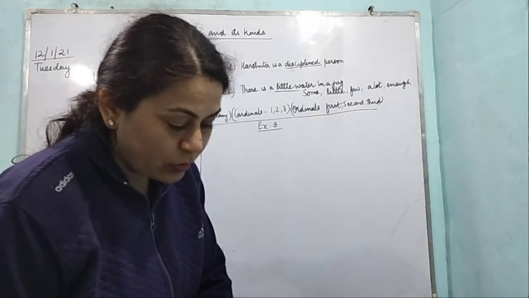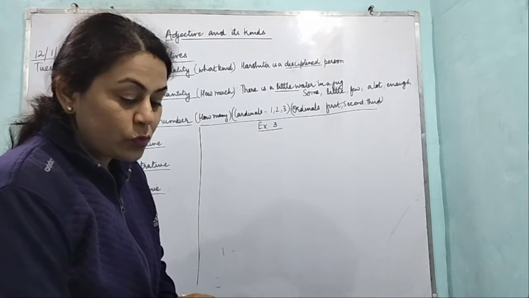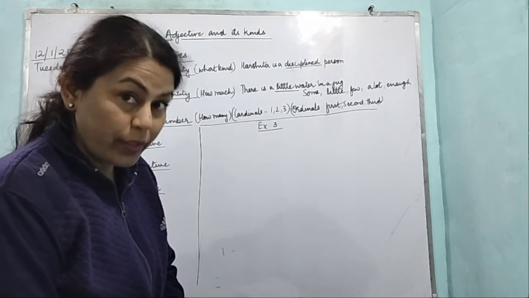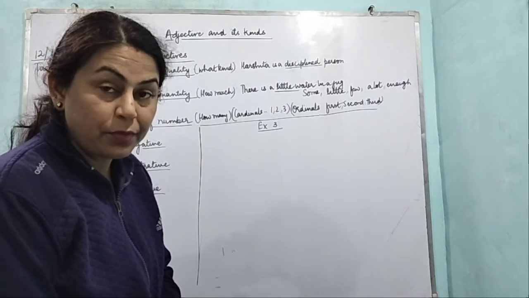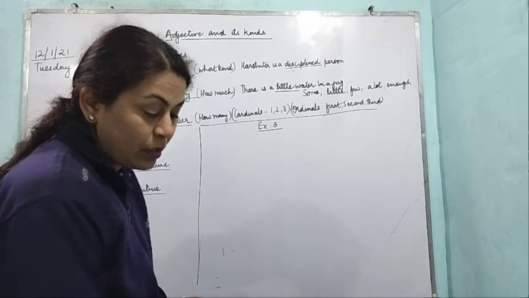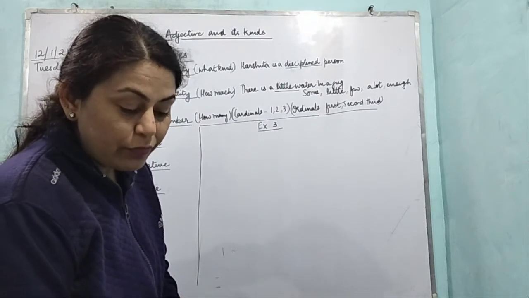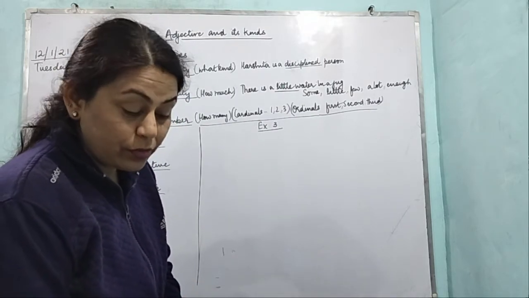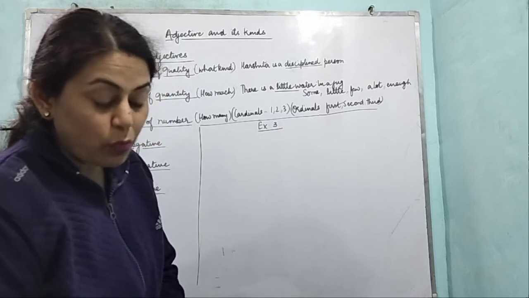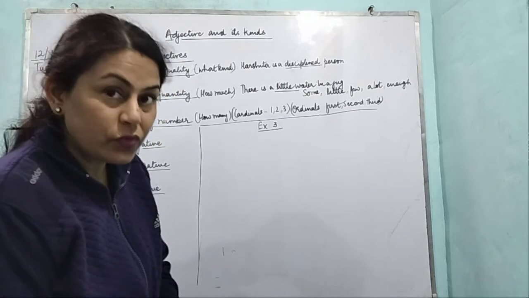Soma lives on the 5th floor. So here हमारे ऑर्डिनल आएगा. 5 फ्लोर नहीं कहते हम कभी भी, 5th फ्लोर कहते हैं. Johnny was born on the 8th of January or 8th January. 8th. Johnny was born on 8th of January.